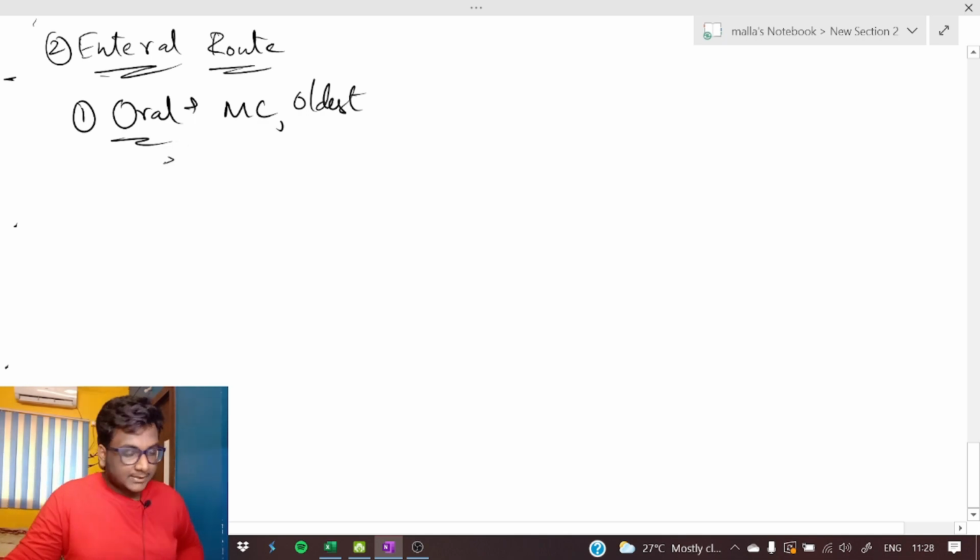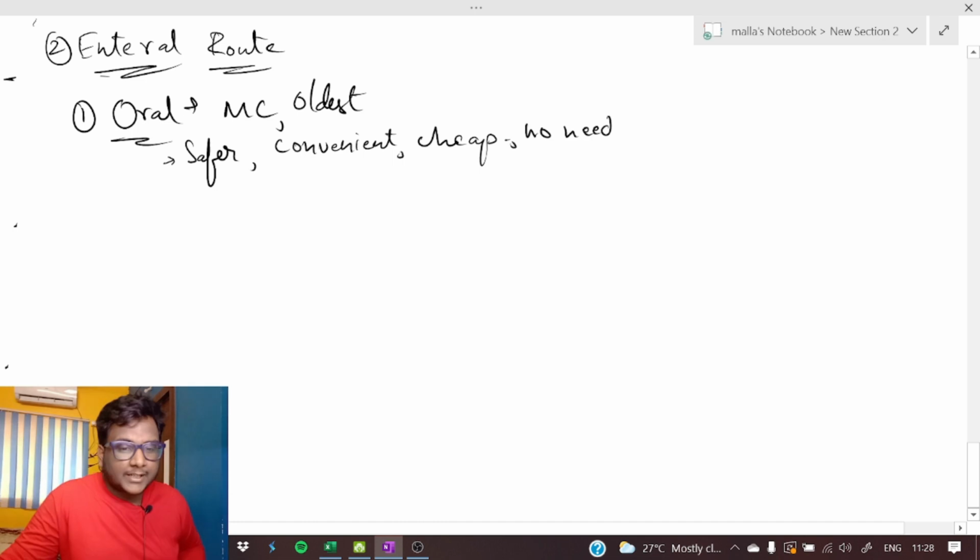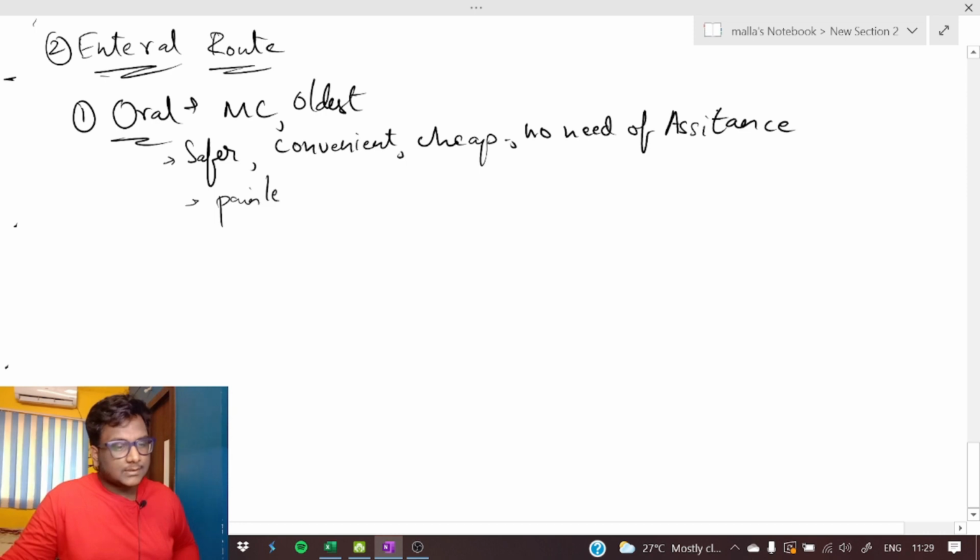It is safer, convenient, cheaper, and there is no need of assistance. The patient can take their own oral drugs. It is painless and non-invasive.